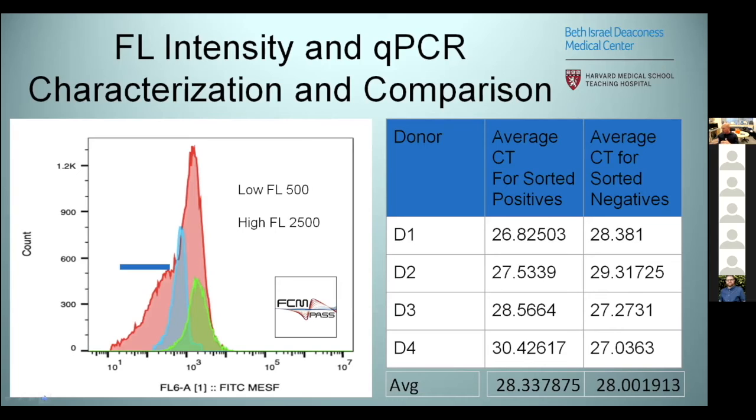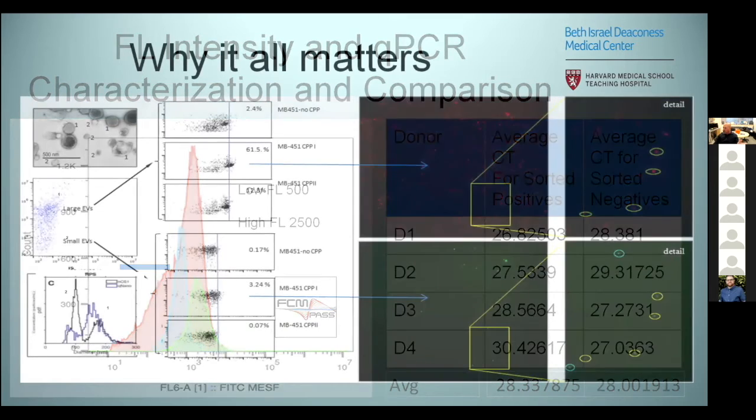The numbers are pretty close. If you graph them out and look at them, obviously we just did it this way for brevity. And it surprised us that we did have the fluorescence and the microRNA sitting in the population that the instrument would have called negative. So here's why it all matters to us.